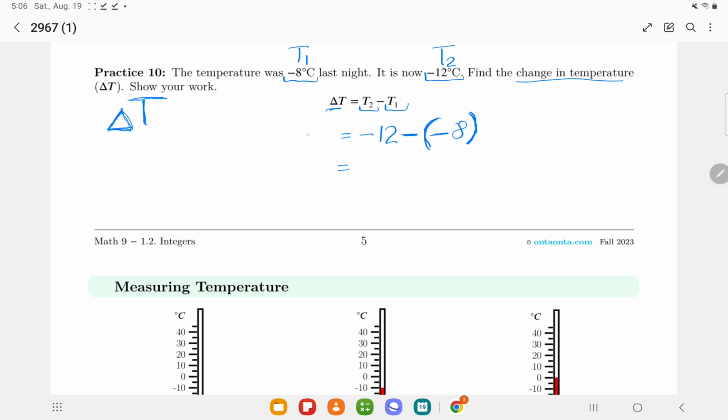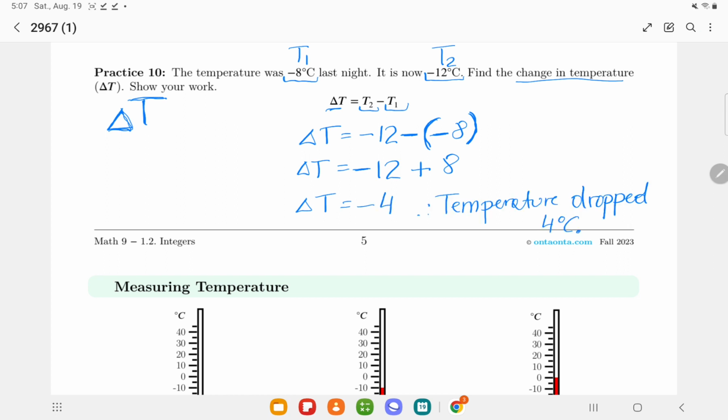Now we know that this is change in temperature, -12, and we must change minus and negative to plus 8. Now we have 12 minuses and 8 pluses, so change in temperature is -4 degrees Celsius.